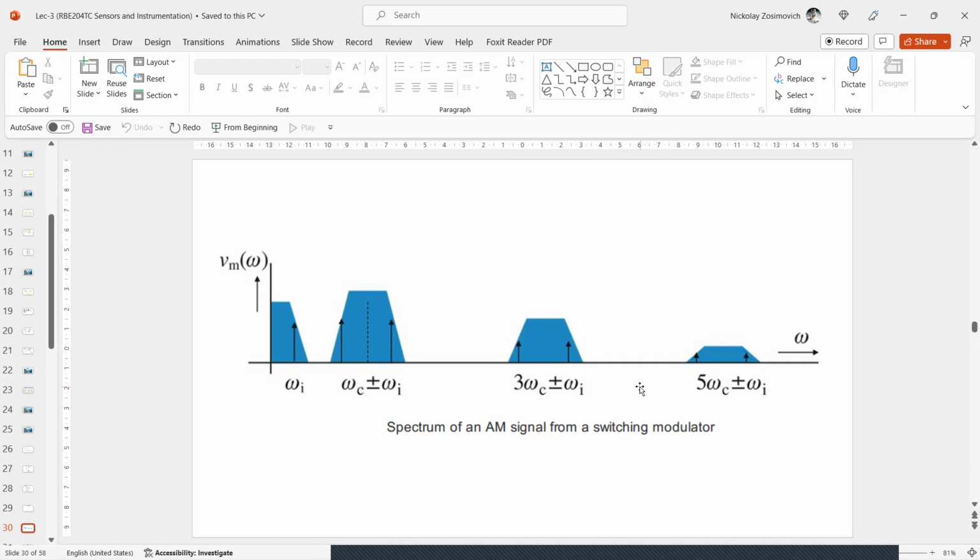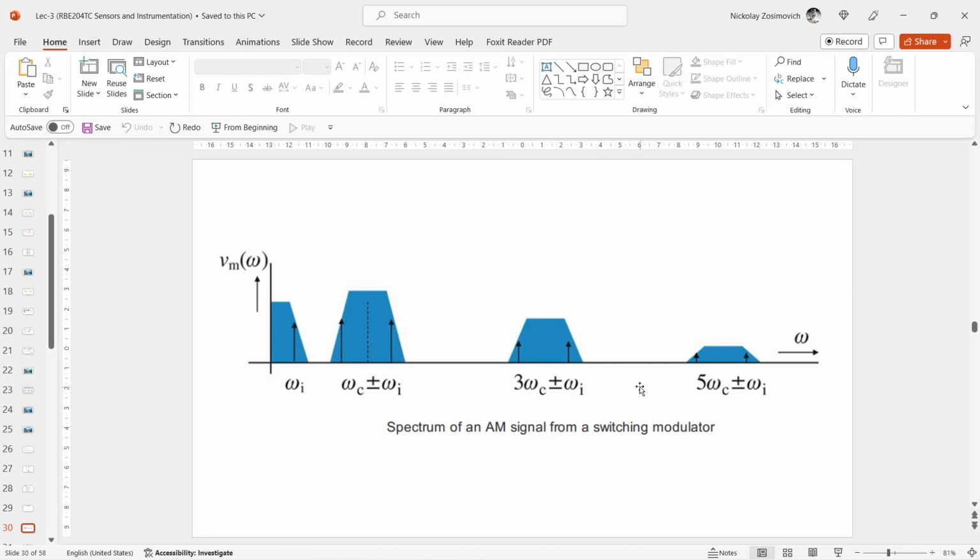Advantages of the switch modulator are its simplicity and accuracy. It means the sideband amplitude is determined only by the quality of the switch. A similar modulator can be achieved by periodically changing the polarity of the input signal.